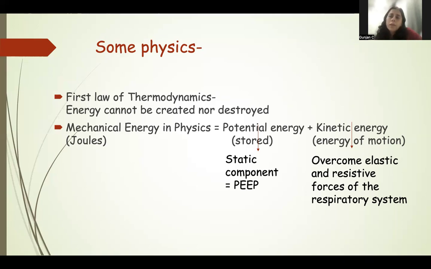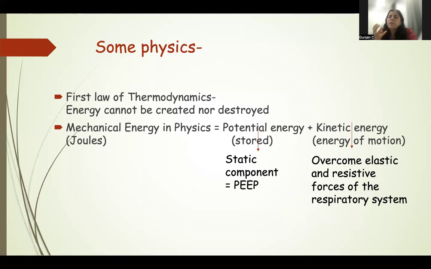Now, another thing that we learned at the same time is that energy is of two forms. It is potential energy and there is kinetic energy. The potential energy is the static energy or the stored energy, and the kinetic energy is the energy of motion. Obviously, we already saw the equation of motion. The potential energy is what the PEEP does.